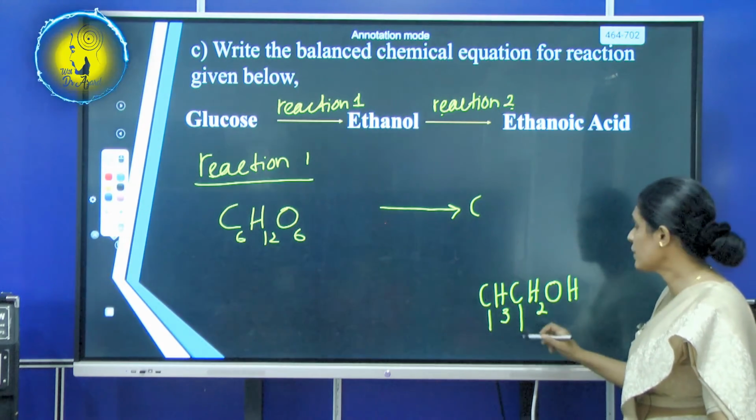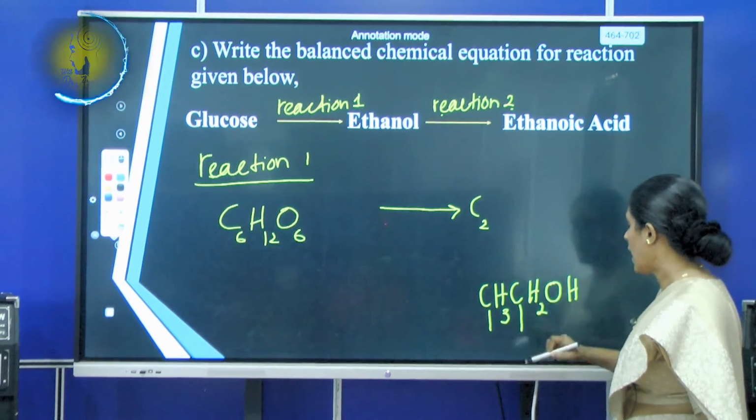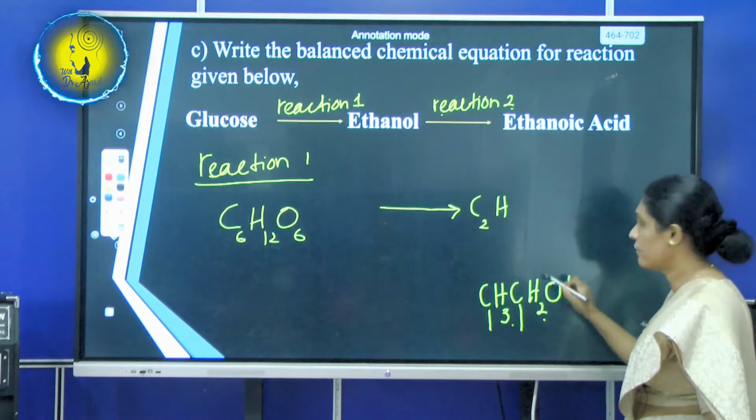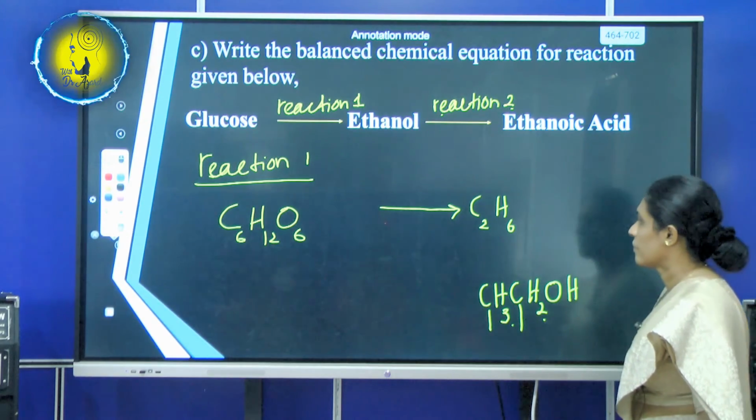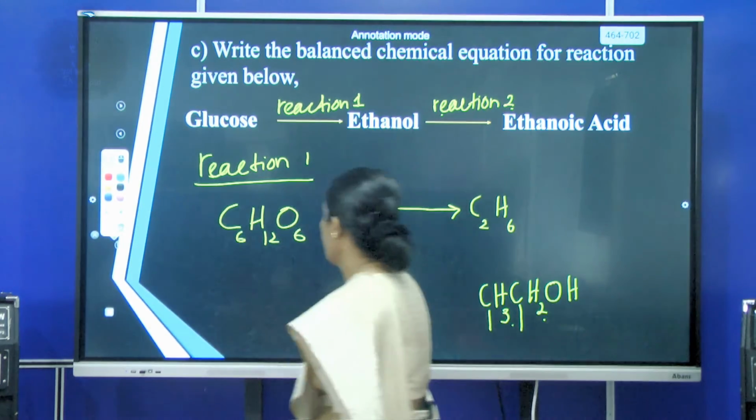To take the count at once, you better write like this: C2H5OH. Carbon 2, okay. Hydrogen, how many? 3, 2, 5, 5, 1, 6. Right. This is reaction 1.